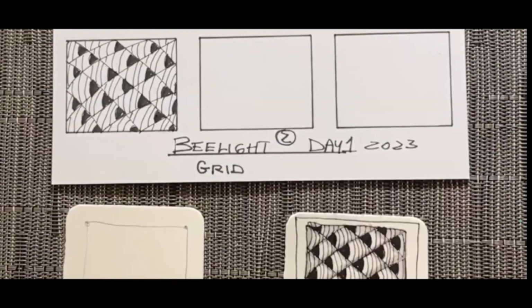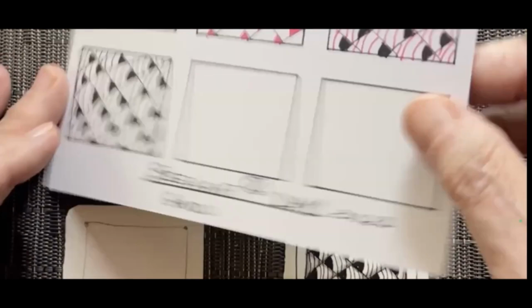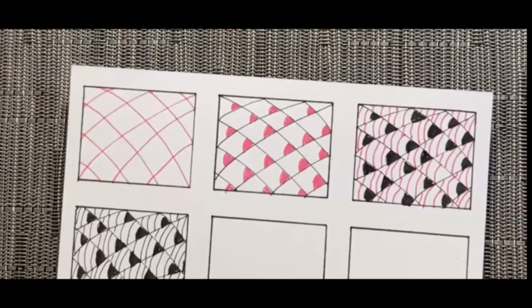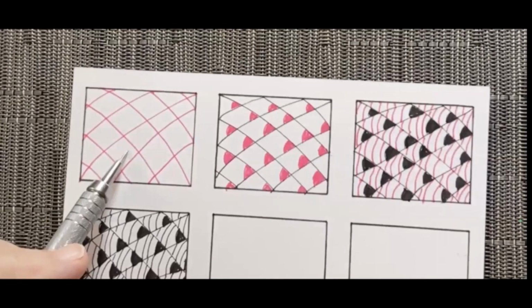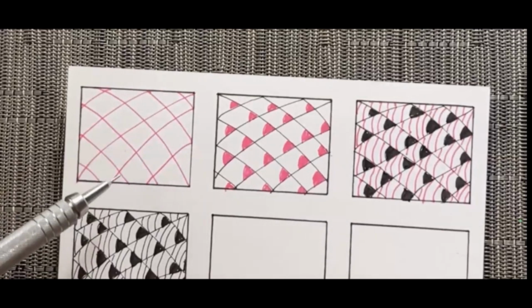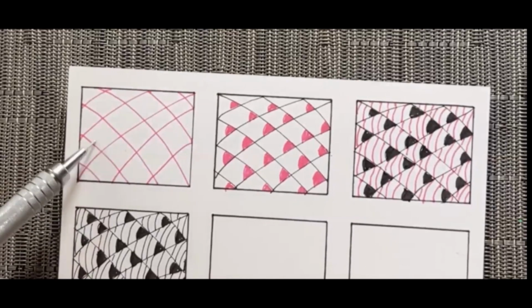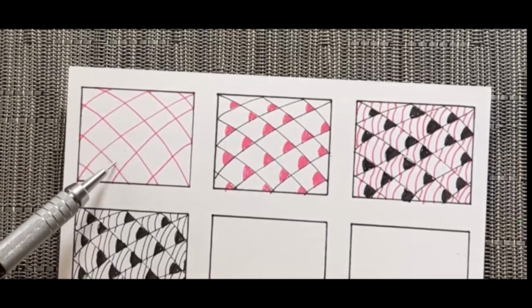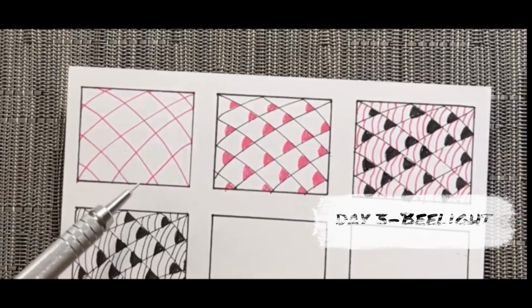In the Zentangle method, a grid tangle is a type of tangle pattern that is created with a grid or a framework. So you can see here that this is the grid. This is where we start. Also, in our step outs, we typically use the color red. I picked this hot pink to show the new steps.